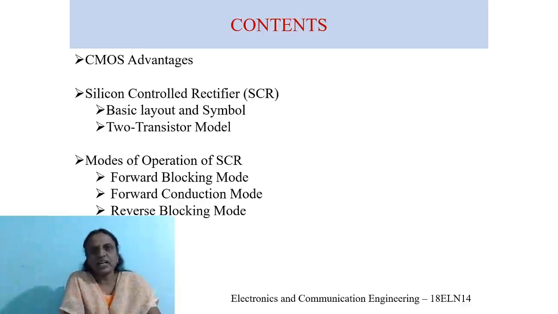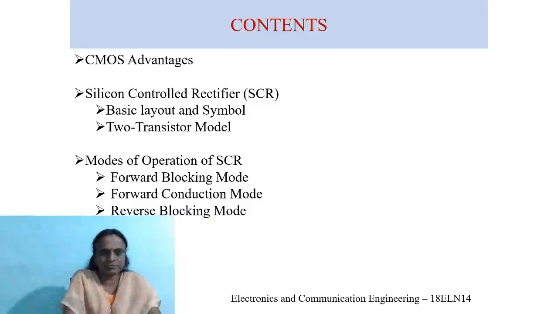advantages, and next moving on to a slightly different concept, the SCR, silicon controlled rectifier. In the silicon controlled rectifier, we are going to see the basic layout and the symbol, the two transistor model, and of course the modes of operation of an SCR.